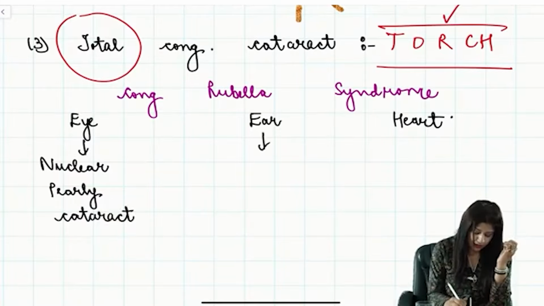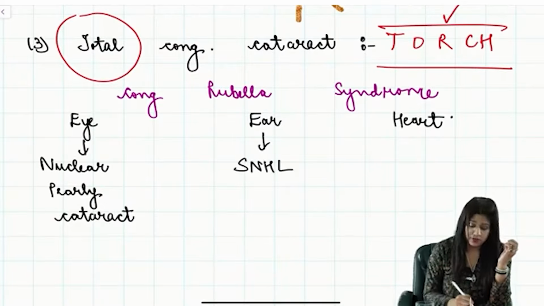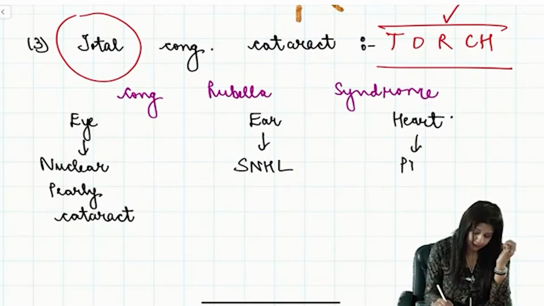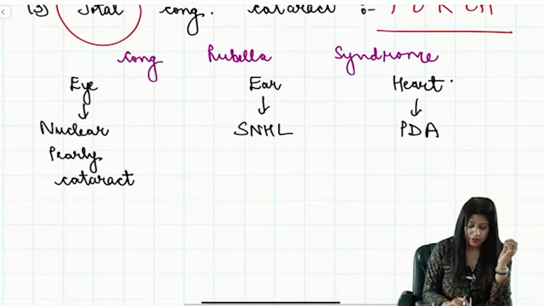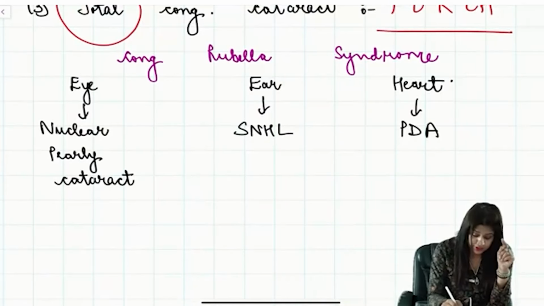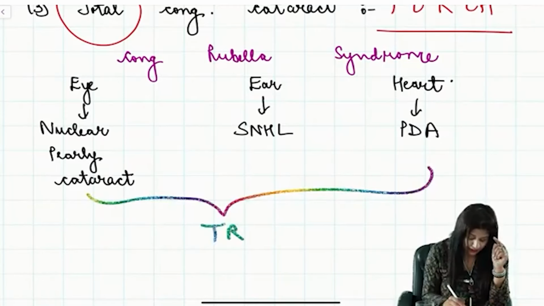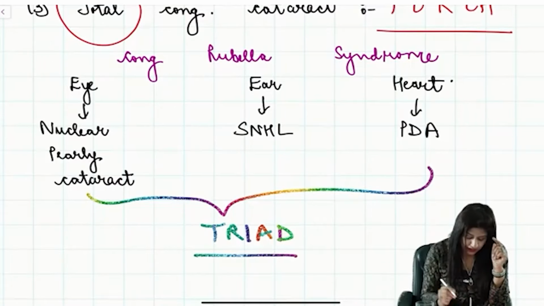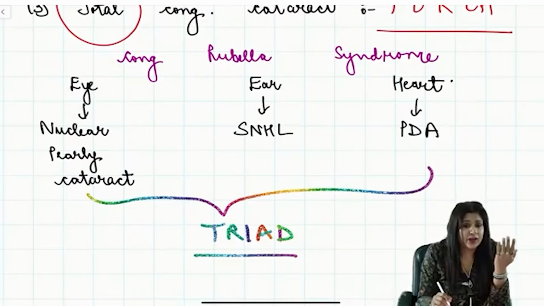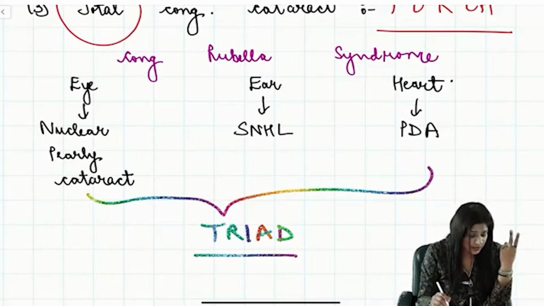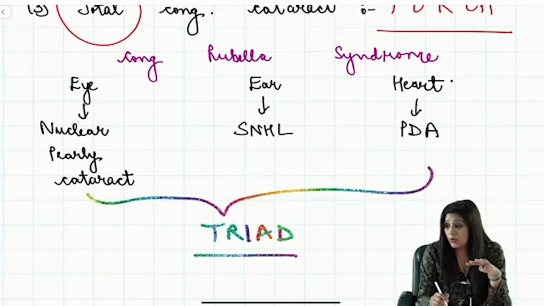Then in the ear, sensorineural hearing loss, and in the heart, PDA. And if all three are present, then this is called the triad of congenital rubella syndrome. If we are having all three, cataract also, hearing loss also, PDA also.